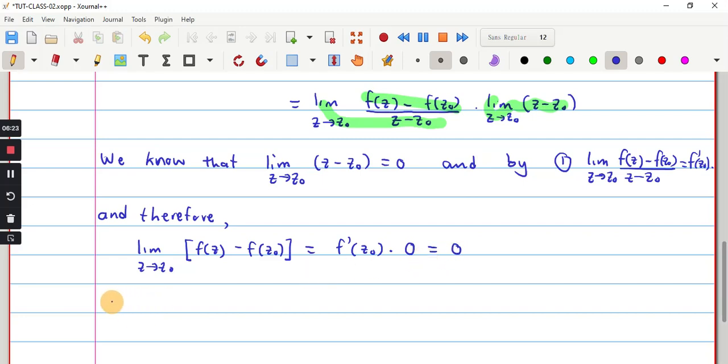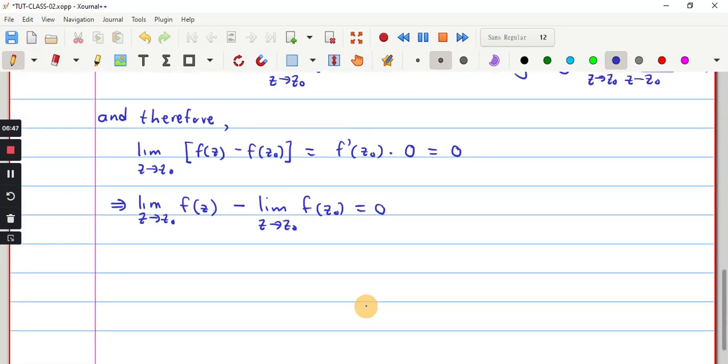This means that I can split up the limit. So I have the limit as z approaches z0 of f at z, because the limit of a difference is the same as the difference of limits, minus the limit as z approaches z0 of f at z0, and that is equal to 0. The limit as z approaches z0 of f at z0 is just f at z0.